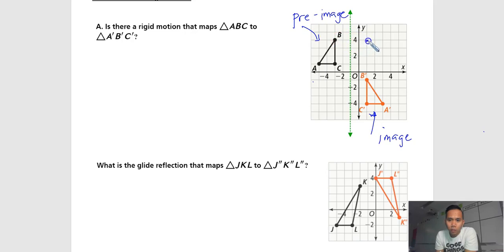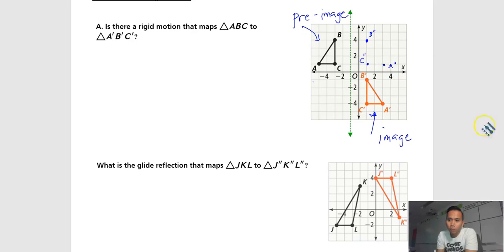This is my B. This is B reflection. Maybe I'll just double prime that. And then C, it's 1, 2. So 1 and 2. You see, there is C double prime. And then 1, 2, 3, 4. So this is my A double prime.